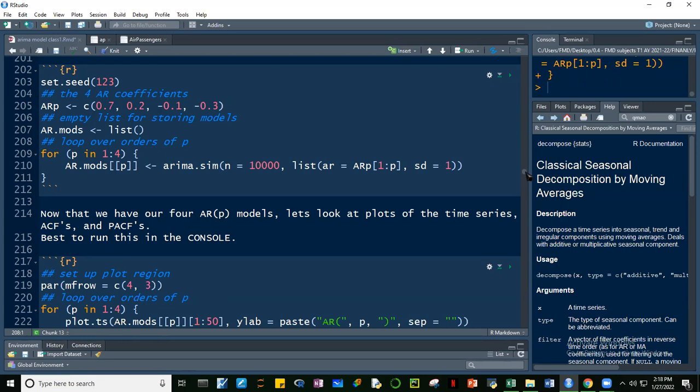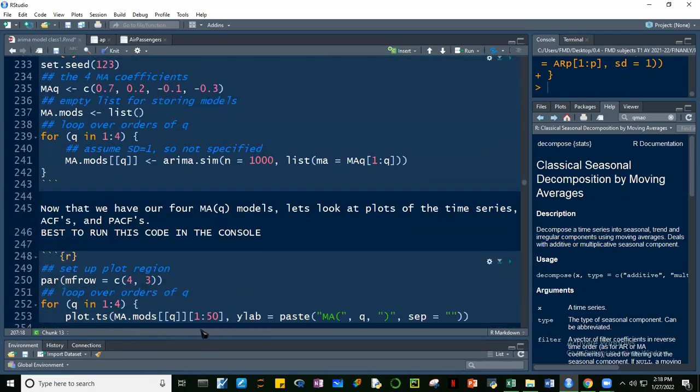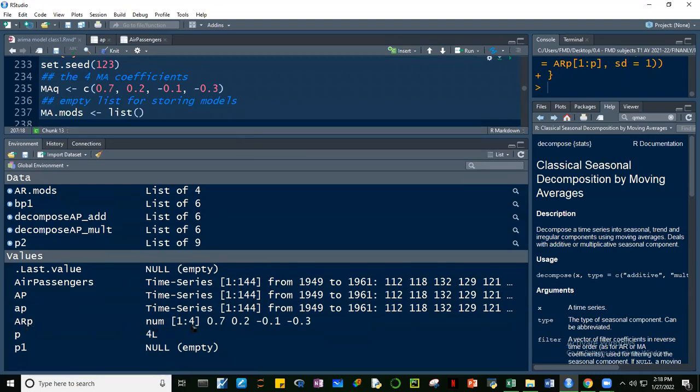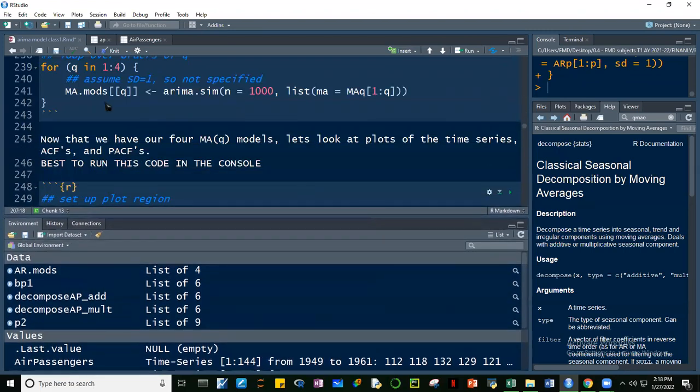Okay. So what do we now have here guys? Ano yung object natin dito? Okay, dito. Yan, meron na tayong AR mods, no?